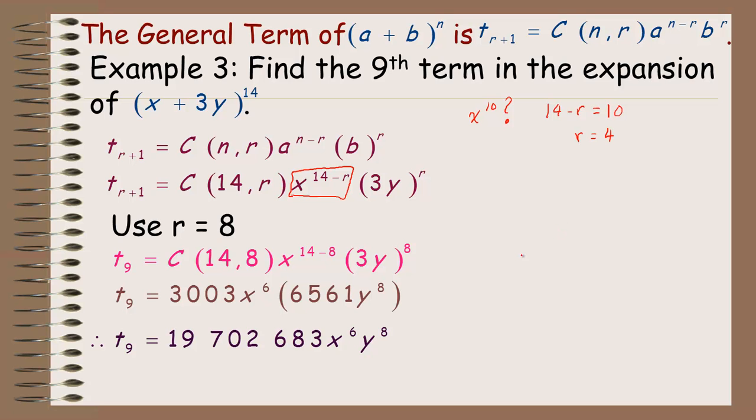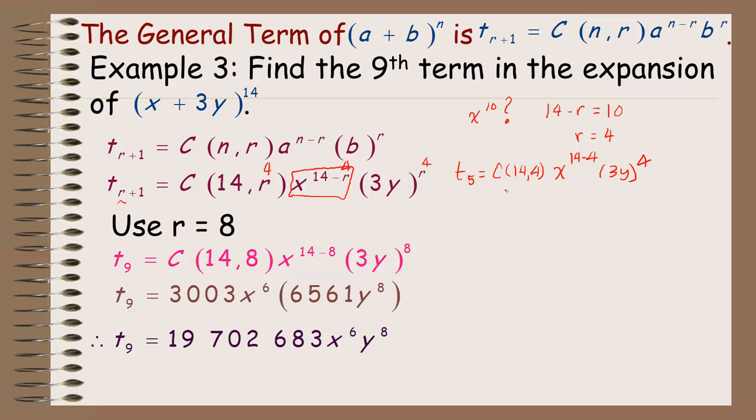And so the way you'd get the term is, in the general term form, you put 4 in place of r. So we put 4 here. So it would actually be term 5. So we're going to put 4 here in place of r, and 4 here. And so it would be the combination 14 choose 4, x to the, now you could write 14 minus 4, which of course is 10, and then times 3y raised to the power of 4.